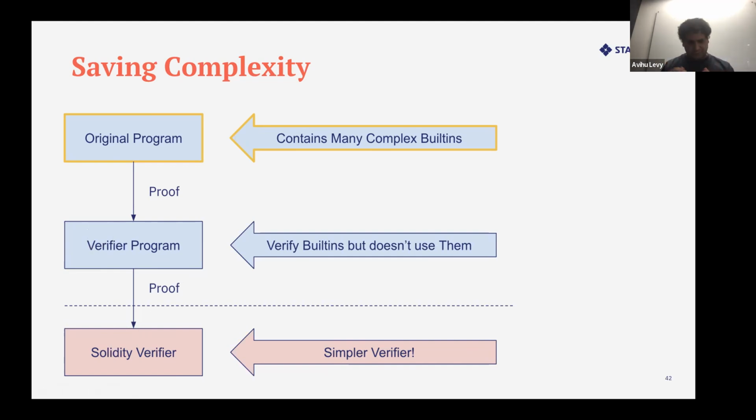And that means that adding more built-ins now doesn't add complexity, at least to the Solidity verifier, and it also doesn't add gas cost to the verification process, which is great and will enable us to add more built-ins easily without increasing the gas cost.